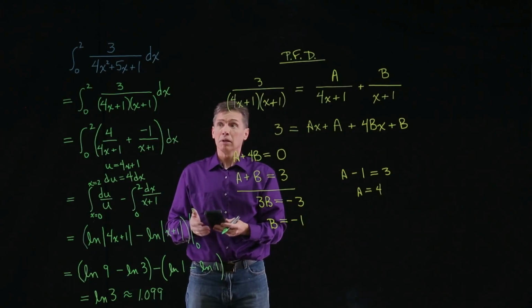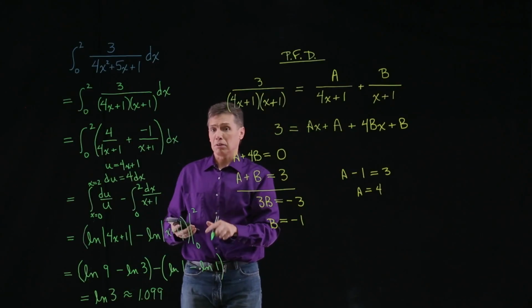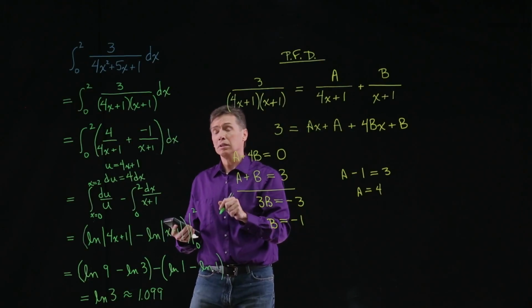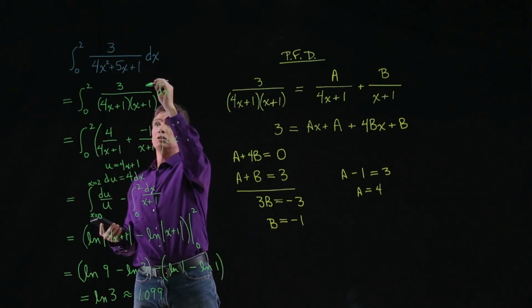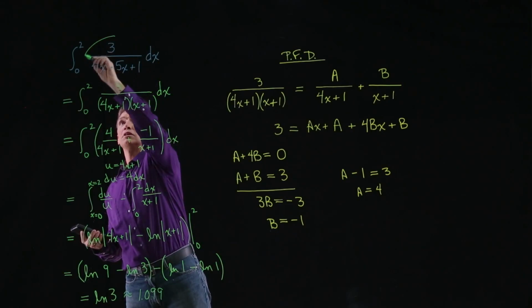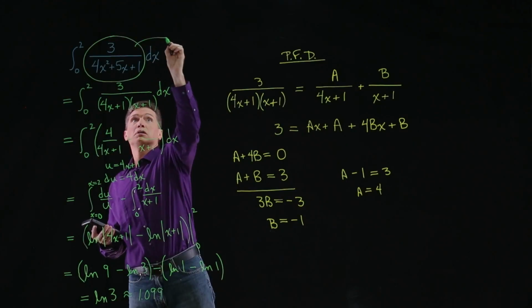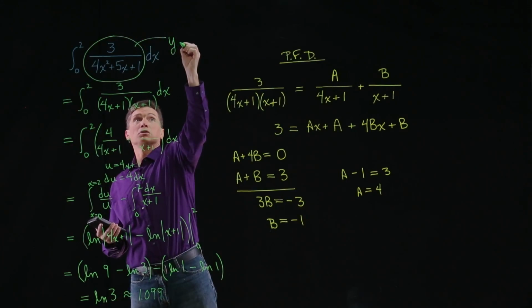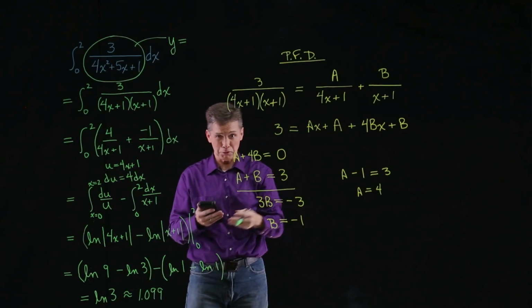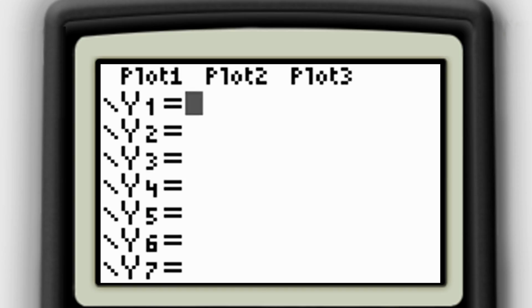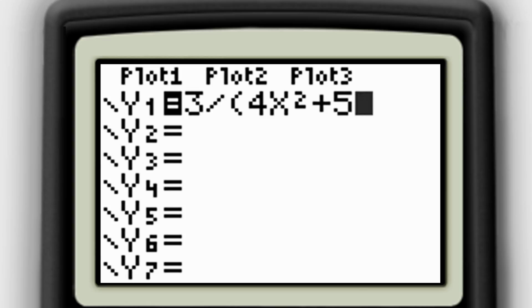So let's see. Second half of the problem then is to confirm this using a graphing utility, which means you go back to the original expression and you're actually just grabbing that integrand expression. Put that into your y equals in your graphing utility of choice. We type in 3 divided by 4x squared plus 5x plus 1.